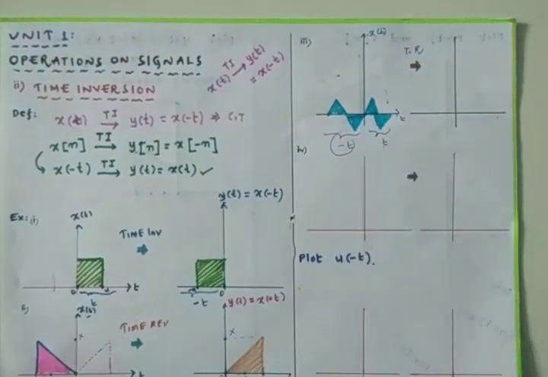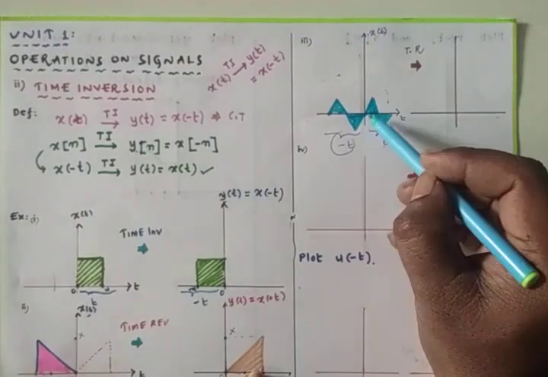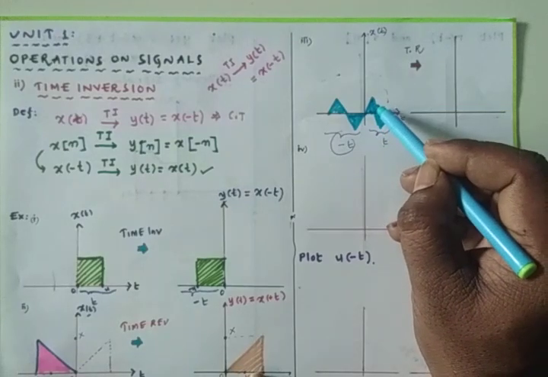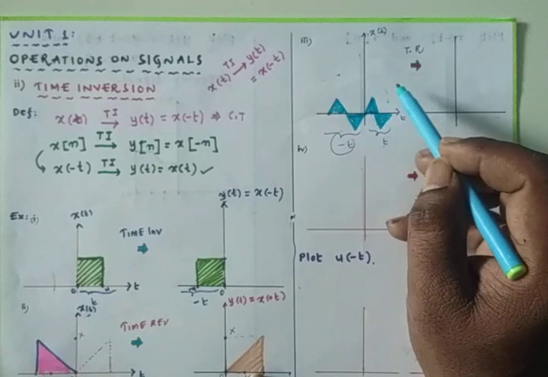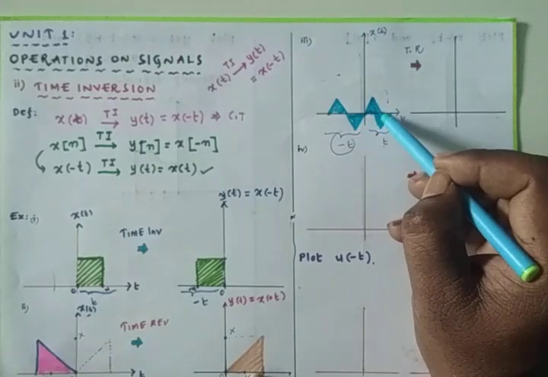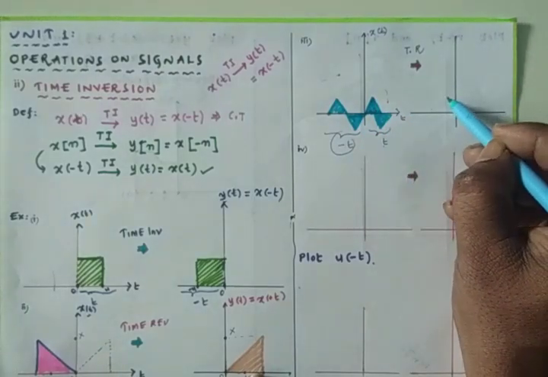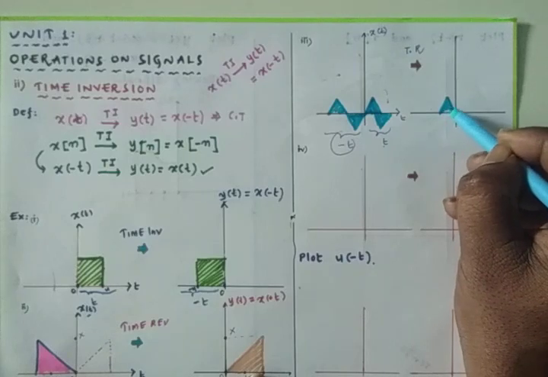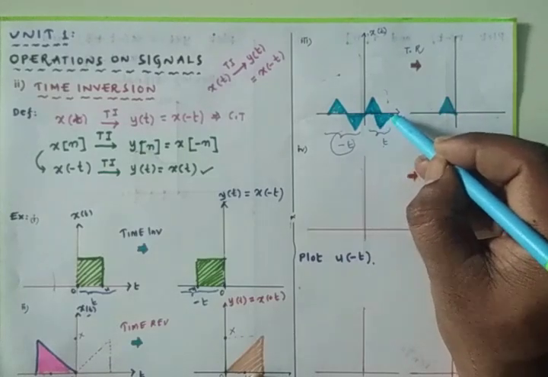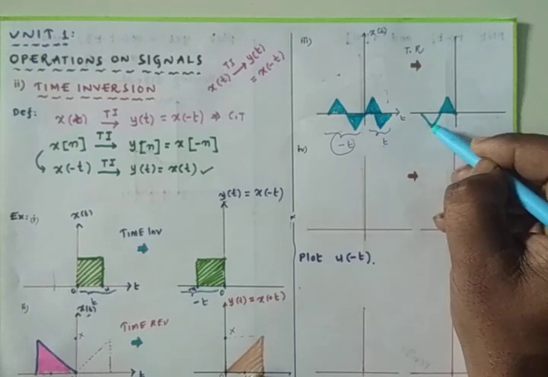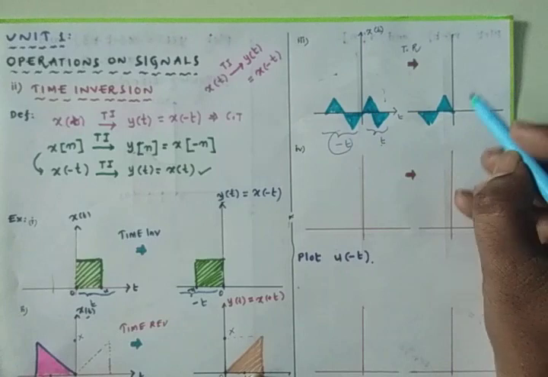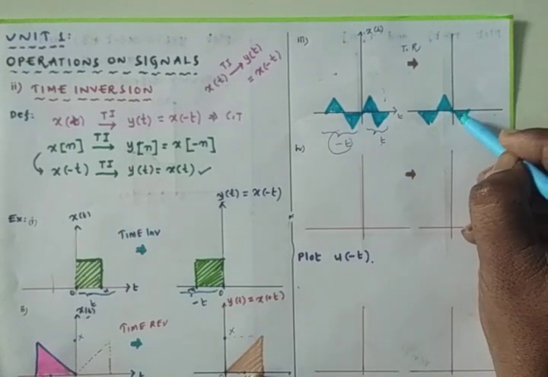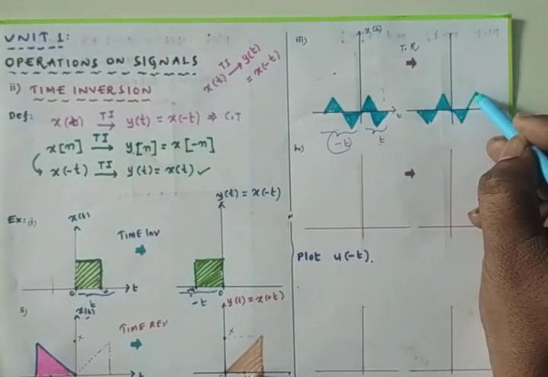By applying the folding of that signal, whatever is in the first quadrant will come into the second quadrant, and whatever is in the second quadrant will come into the first quadrant. See this one, this is the first quadrant, so that will come into the second quadrant. And in the first quadrant again we have one more signal, and whatever signal is in the second quadrant will come into the first quadrant, and that will be like this.